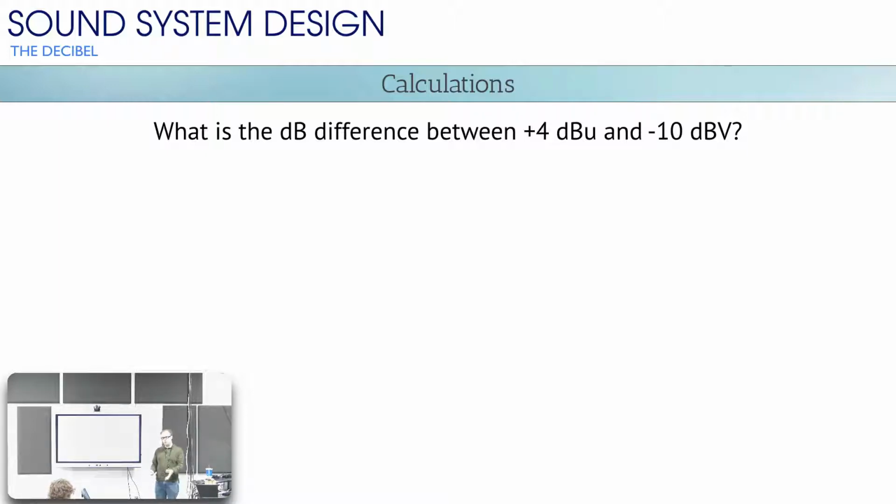But in the professional world, we're running hundreds of feet, and so we tend to want to use balanced signals because the balanced signal is much better at rejecting noise and interference. And a balanced signal will inherently be a higher voltage because you're sending the signal down twice and then summing it together. Okay? So it's always going to be a higher voltage no matter what. So that's a big part of it, is the balanced signal.